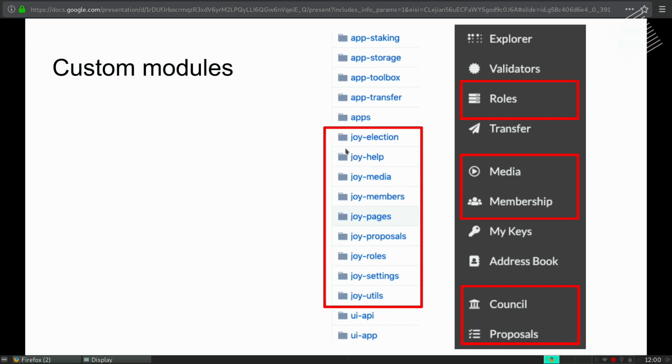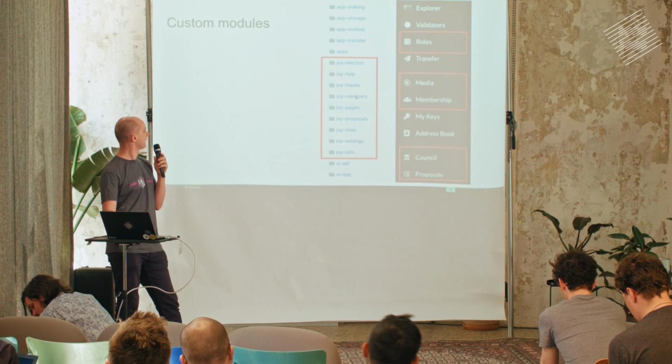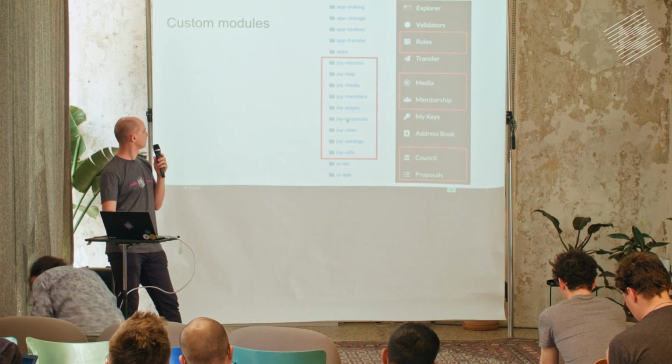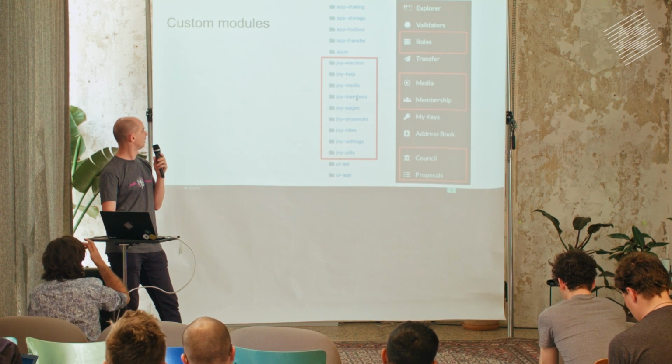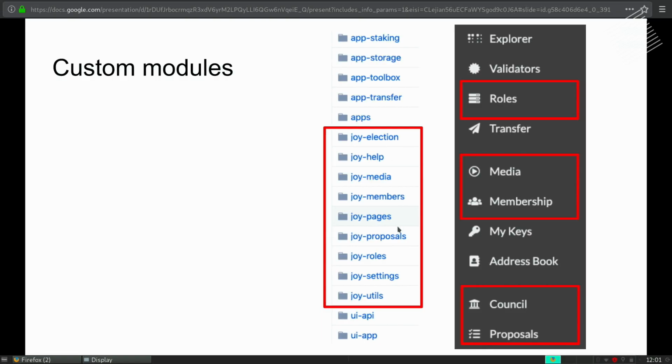As you can see, we have elections. It's not the elections that Substrate has. We implemented our own elections, and a membership module, and proposals where members can propose, and the council members should approve or reject. Also, we have a module for roles.